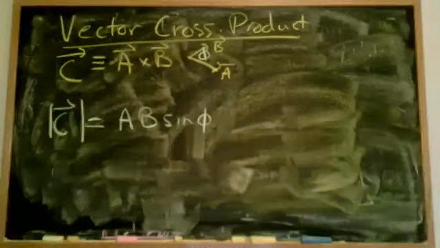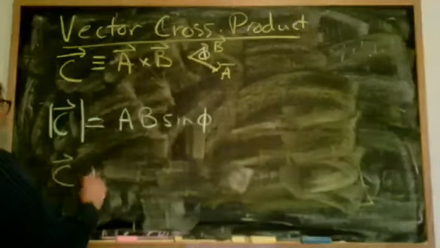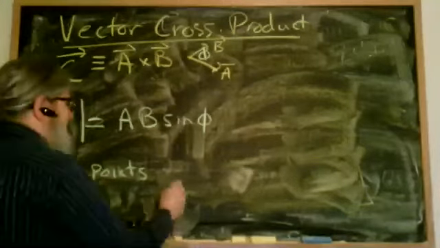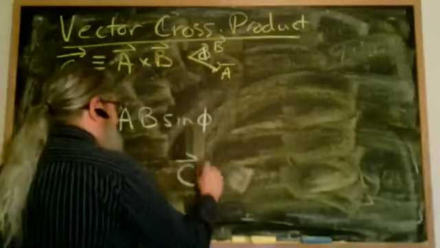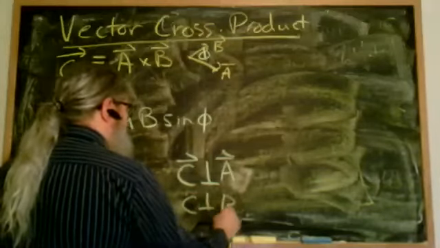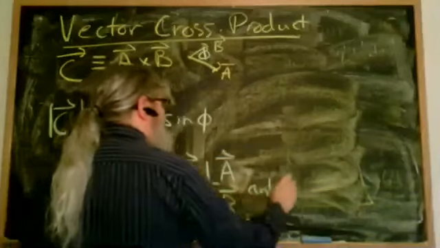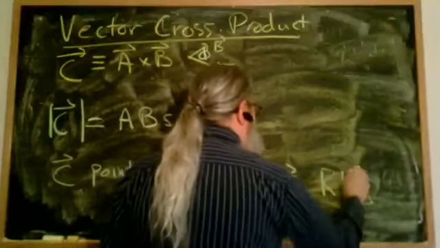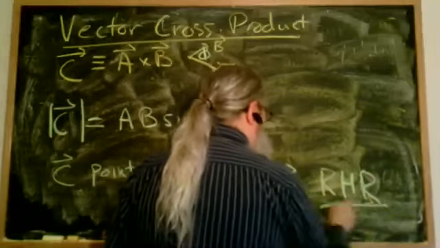But which way does it point? The vector C does two things. C is perpendicular to A, and C is perpendicular to B, and C obeys what I'm going to call the other right-hand rule.